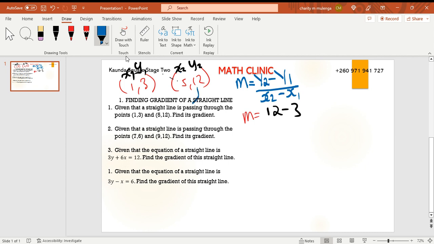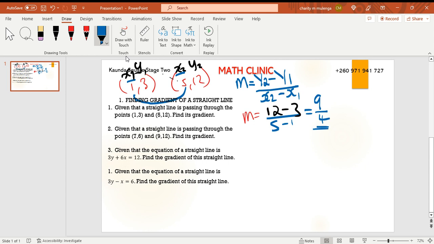So we're going to say over 5 minus 1. 5 is x2, 1 is x1. Then we go right ahead to subtracting. So 12 minus 3 is giving us a value of 9. 5 minus 1 is giving us a value of 4.